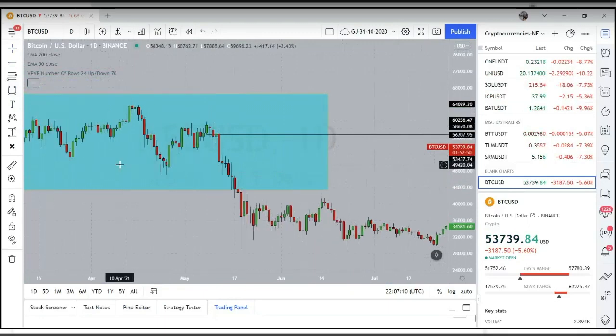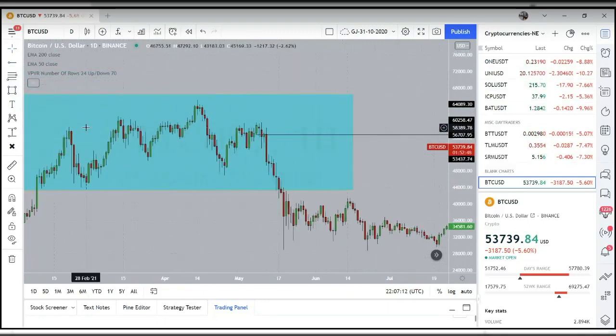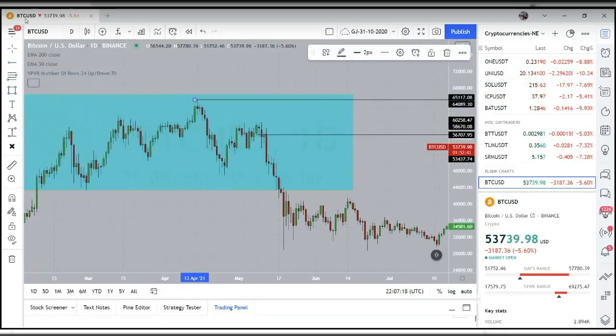So what we've got here is the high made. We've got a break of market structure. And then we've got a return, a doji, which symbolizes exhaustion.